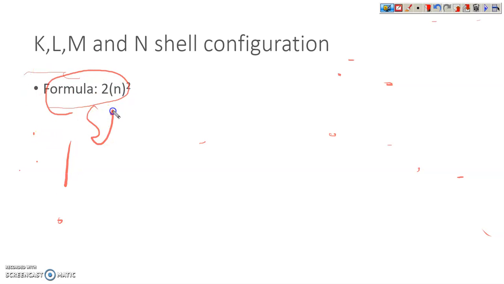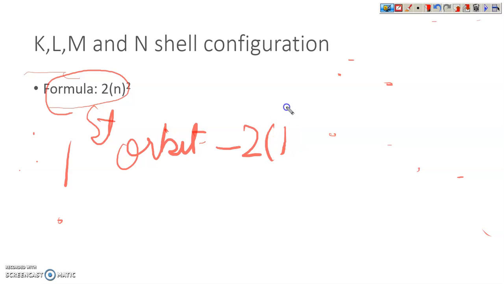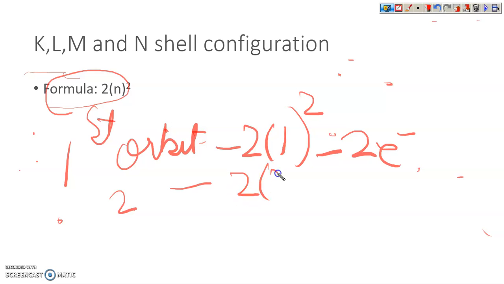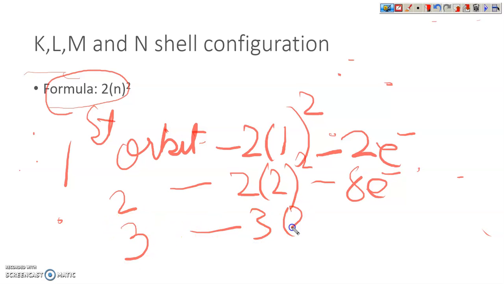So for the first orbit, it will be 2 times 1 squared, which is 2 electrons. Then for the second orbit, it will be 2 times 2 squared, which is 8 electrons. Likewise for the third, 2 times 3 squared, which will be 18.